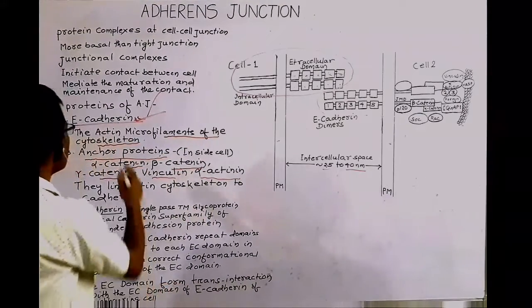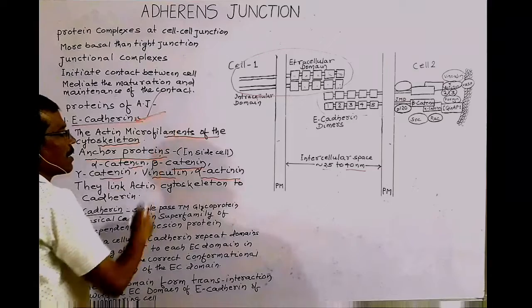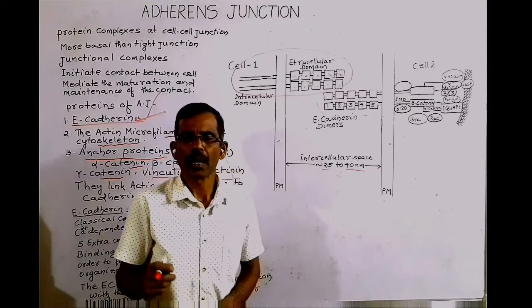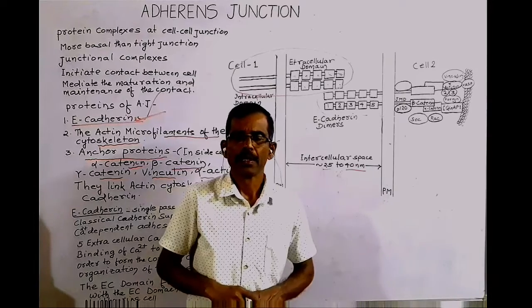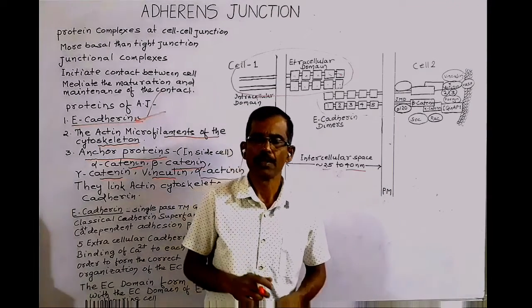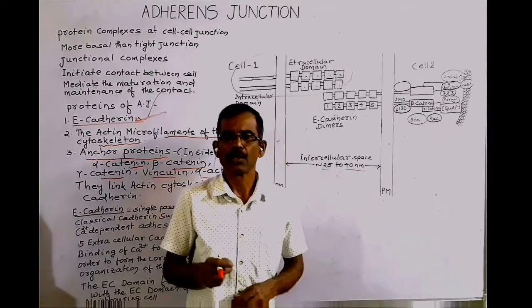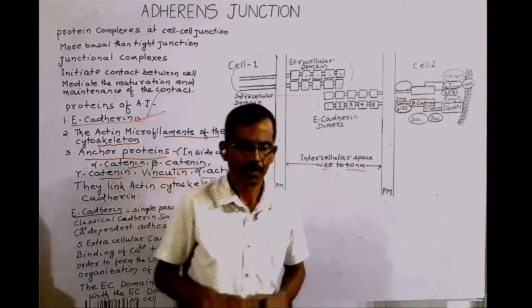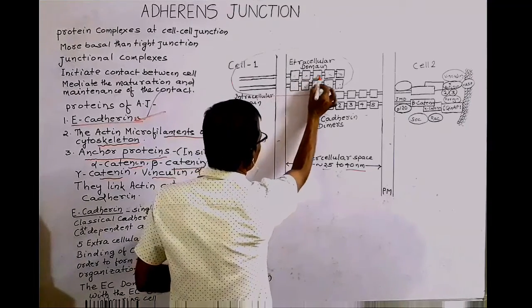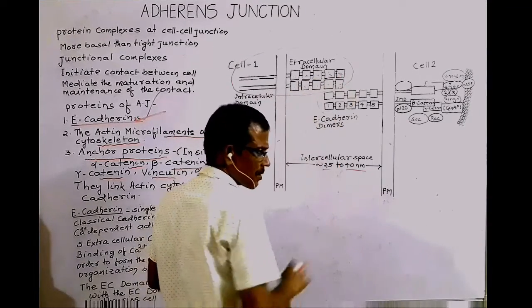First component is E-cadherin. E-cadherin is a single-span transmembrane glycoprotein. It is a member of the classical cadherin superfamily. It is a calcium-dependent adhesion protein. E-cadherin has 5 extracellular cadherin repeat domains.